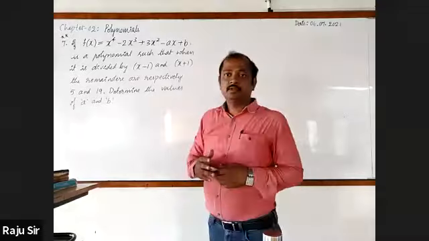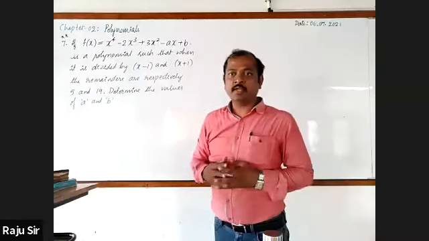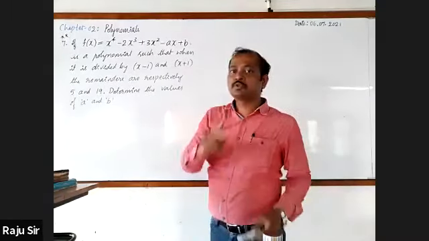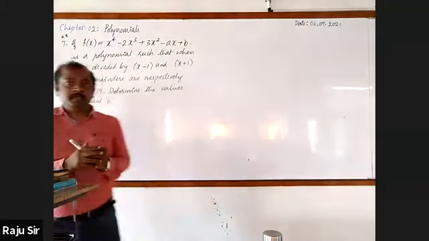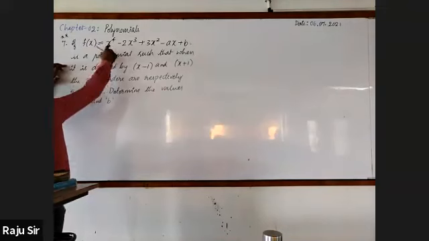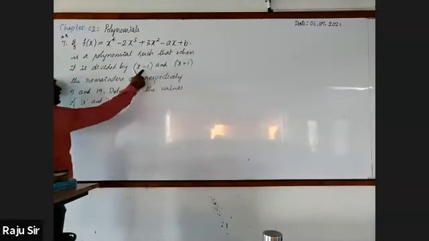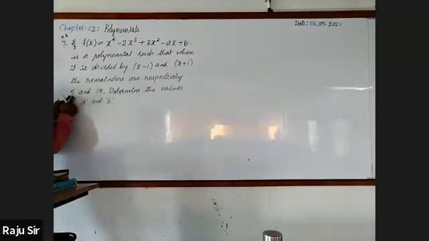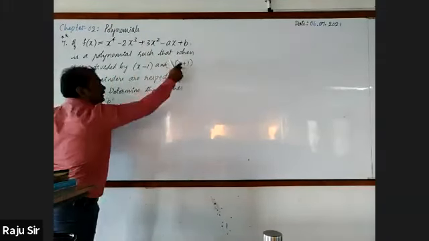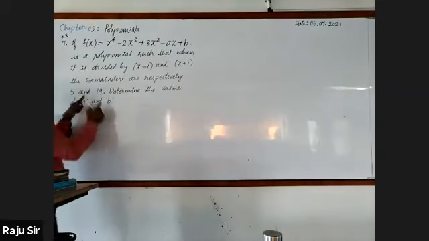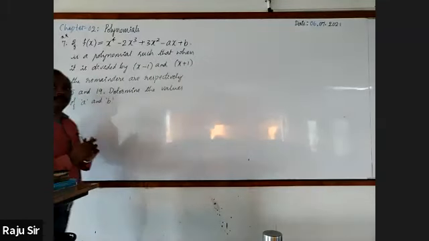Then you will get two remainders, and those two remainders are 5 and 19. When you divide the polynomial by the first divisor x minus 1, you will get a remainder 5. And when you divide the same polynomial by the second divisor, you will get the remainder 19.